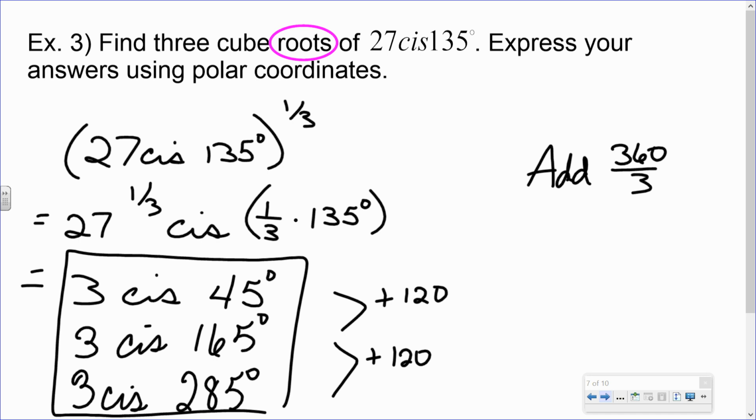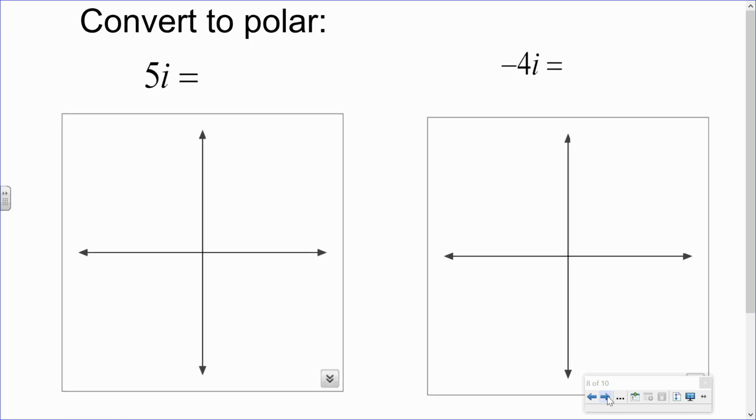Questions on that one? And before I do the very last one, I want to review something with you guys that trips people up every single year when we try to do these. If we are converting to polar, and it's one of our quadrantal ones, one that's going to land on an axis, let's think about how we convert these. So I want everybody point left, right, up, or down. Where does 5i go?